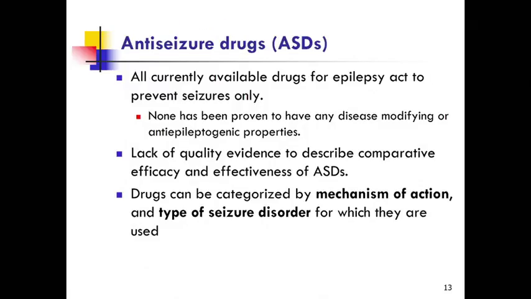The challenge with these drugs when it comes to use is that we don't have a lot of quality studies to compare the efficacy, relative efficacy, maybe carbamazepine compared to that. Which one is more effective? You don't have a lot of studies because of the challenge in studying these agents.